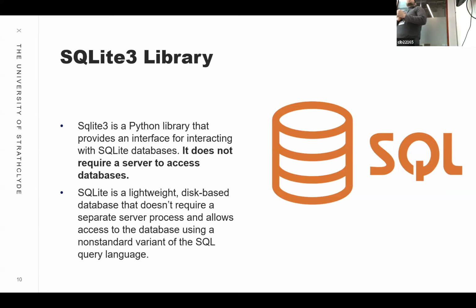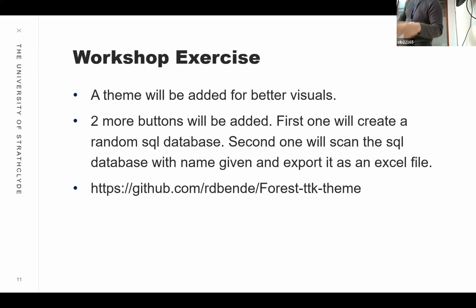But thanks to the SQLite library, we don't need a server. We are just going to create a DB file, a database file, and we can connect to this data file, just mimicking that we are connecting to a server. This is one of the key concepts that SQLite gives us. Yeah, disk-based database. Yeah, there are only two. There are no more options.